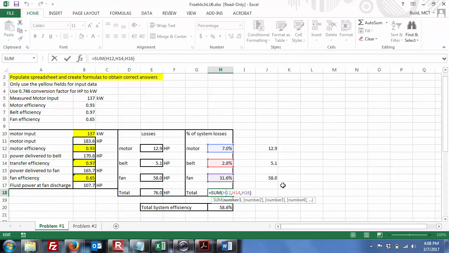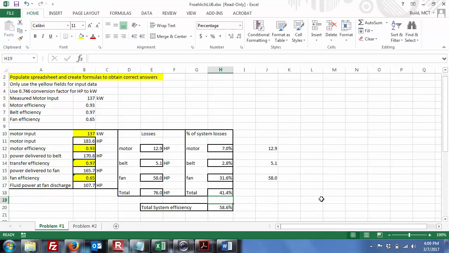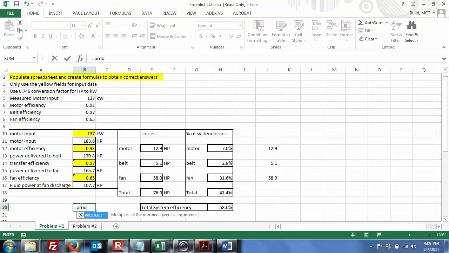Percentage, okay. All right, I'm going to try this. Give me a second. Equals product. If I multiply these 3 efficiencies by each other, it's the same. A way to check your answer.